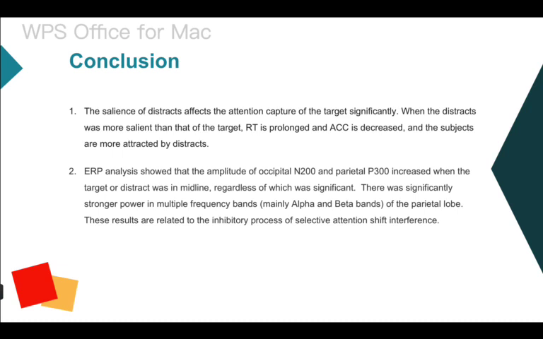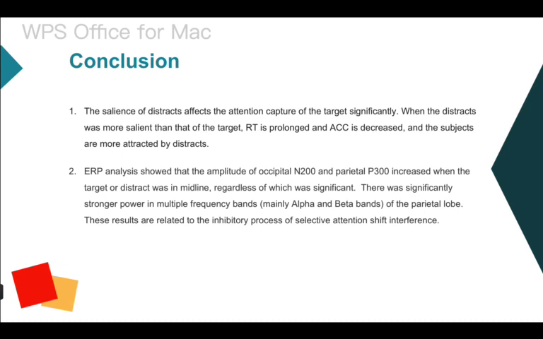When the distractors were more salient than the target, reaction time is prolonged and accuracy is decreased, and the subjects are more attracted by distractors. Further, EEG-ERP analysis showed that the amplitude of occipital N200 and parietal P300 increased when the target or distractor was in midline, regardless of which was significant.